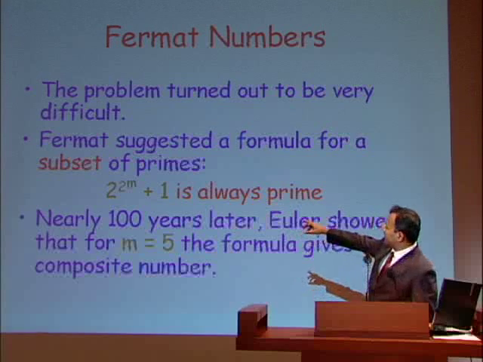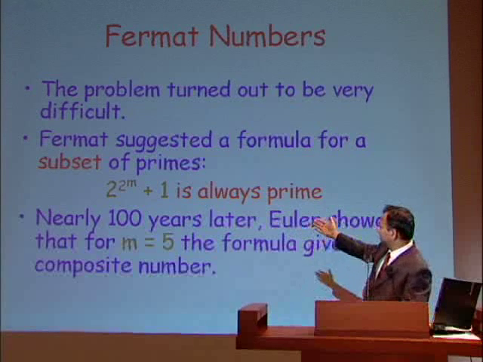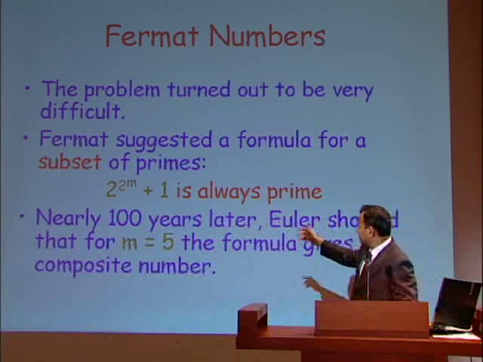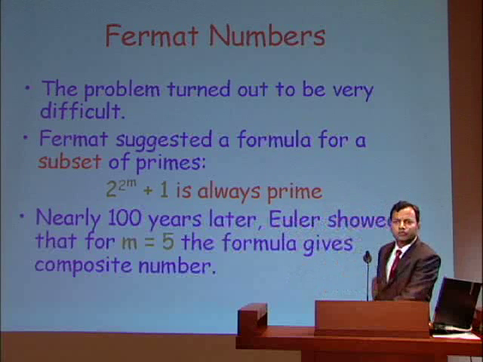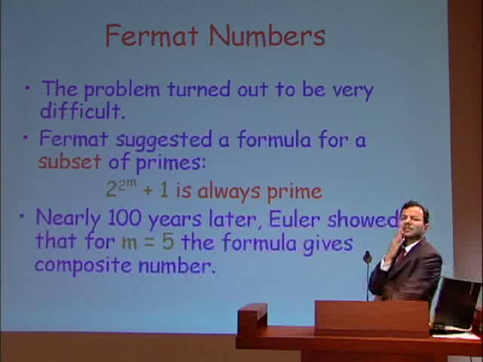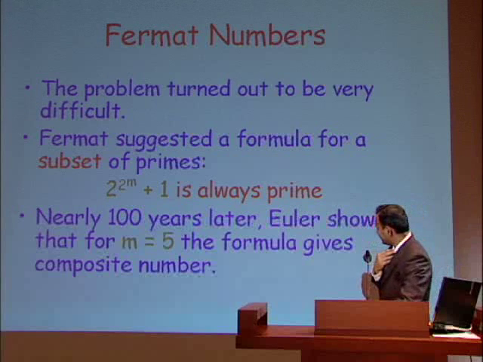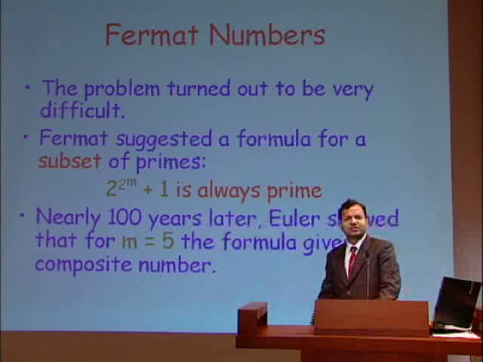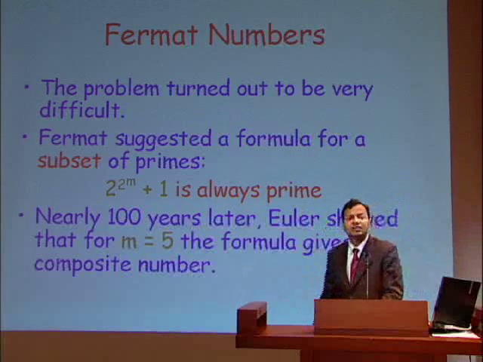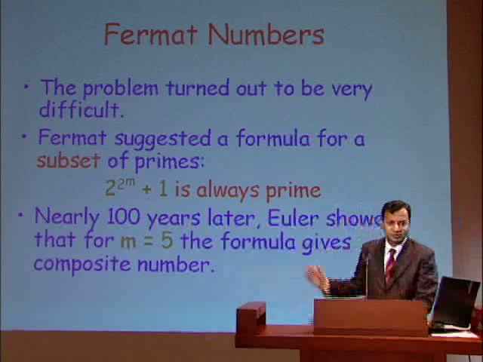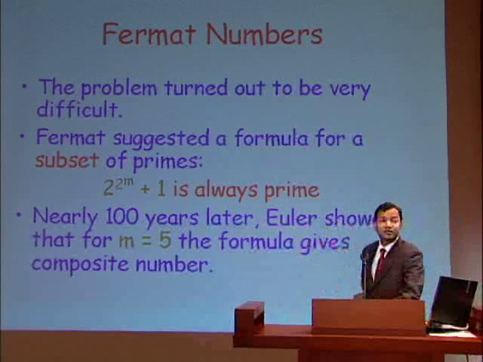It is not for all primes, but only for a subset of primes. He said that if you look at the sequence generated by 2 to the m plus 1, where m varies, then this sequence contains only prime numbers. Of course, at that time there were no calculators available. One could have simply verified that just for m equals 5, this is not a prime, which Euler actually noted nearly 100 years down the line.